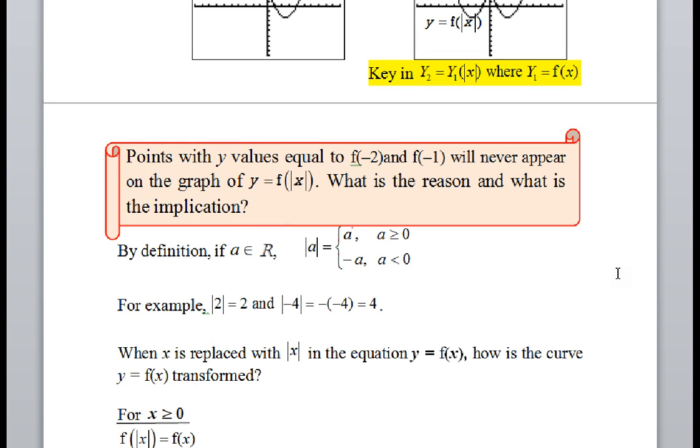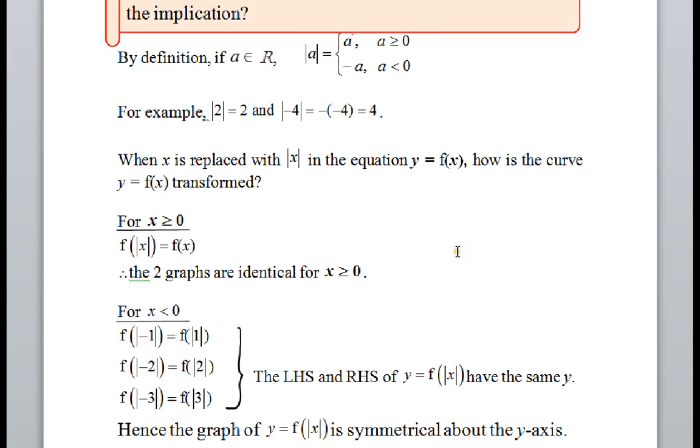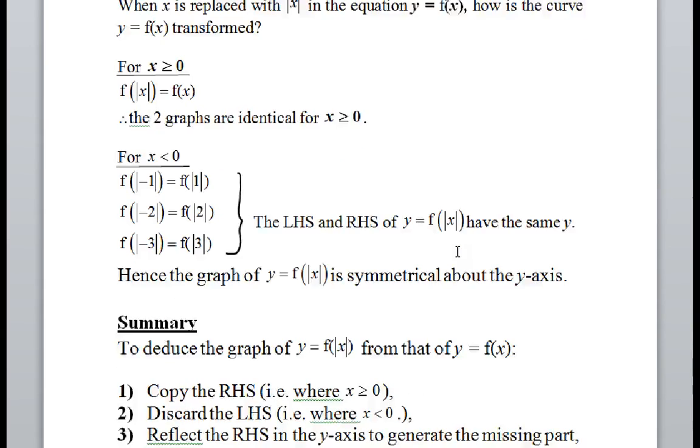Okay, points with y values equal to f(negative 2) and f(negative 1) will never appear on this graph. What is the reason? Okay, I think it's quite obvious. Maybe I don't answer that question here. This whole section is the explanation why the graph is now symmetrical about the y-axis.